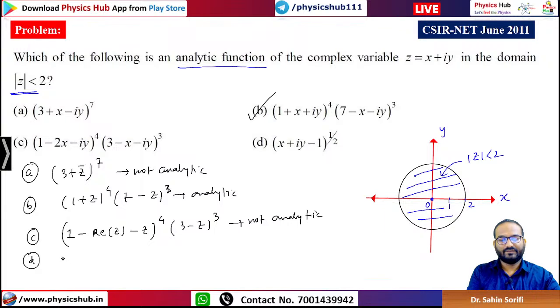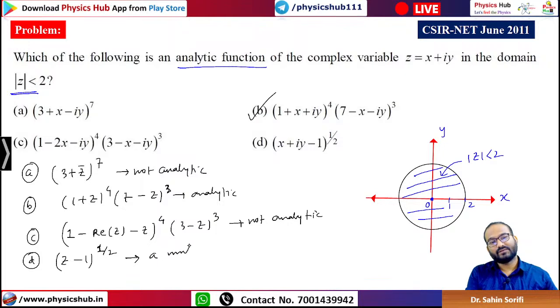x plus iy, so z minus 1 to the power half. Now this is an exceptional case. Although it contains z, this half factor means there is something called a branch point. This is a multi-valued function. We will discuss this at the end of the complex analysis lectures.